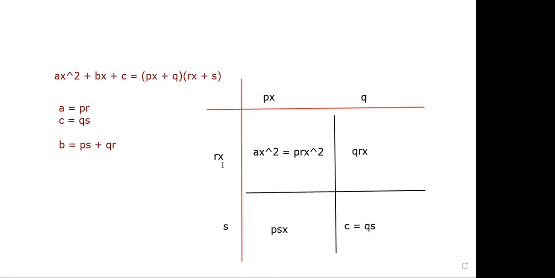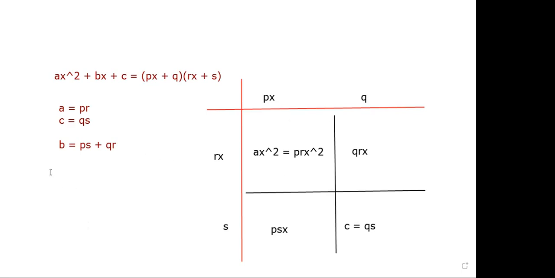Everything fits together, right? These two together add up to give you BX. So now we basically factorize A and we factorize C and then try to see which combination generates this.